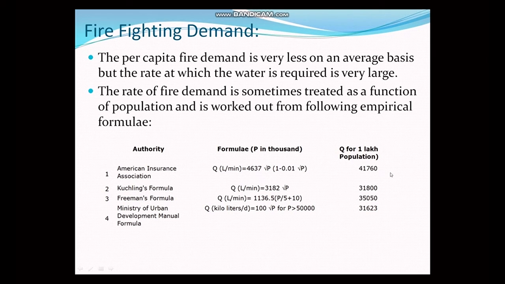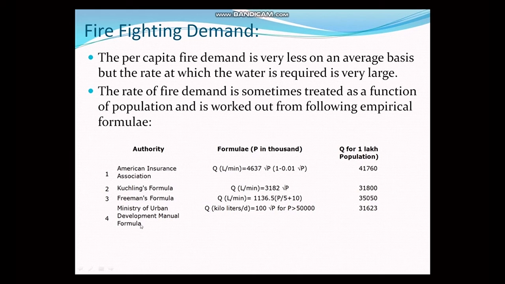41760 liters per minute. There are other formulas like Cushing's formula, Freeman's formula, and the Ministry of Urban Development manual formula, where putting values of P, that is population, we get the required firefighting demand.